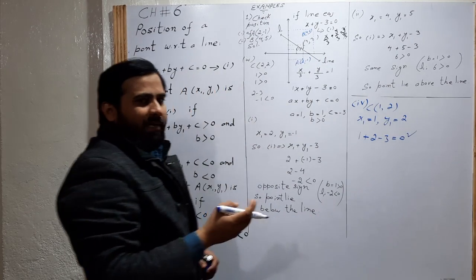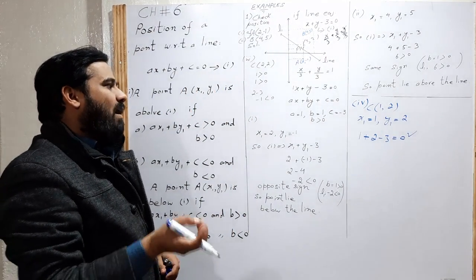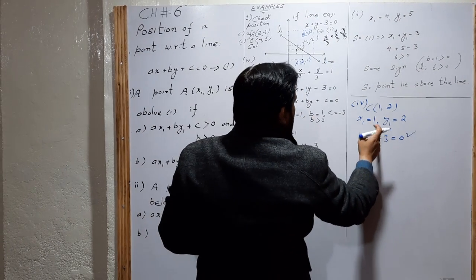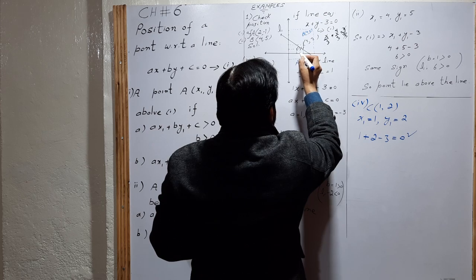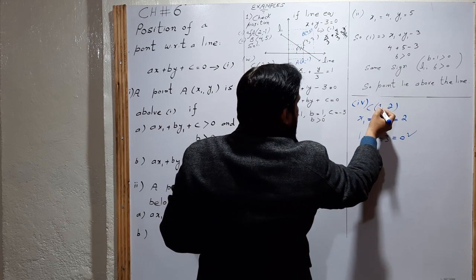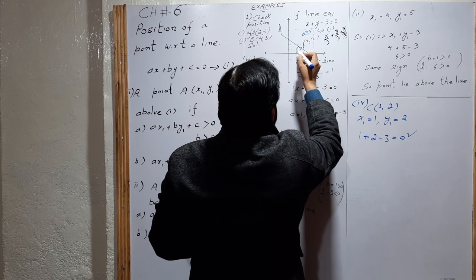It means that the point lies on the line because it satisfies this equation, and clearly on the x axis how many units are there? 1 unit, and on the y axis how many units are there? 2 units.